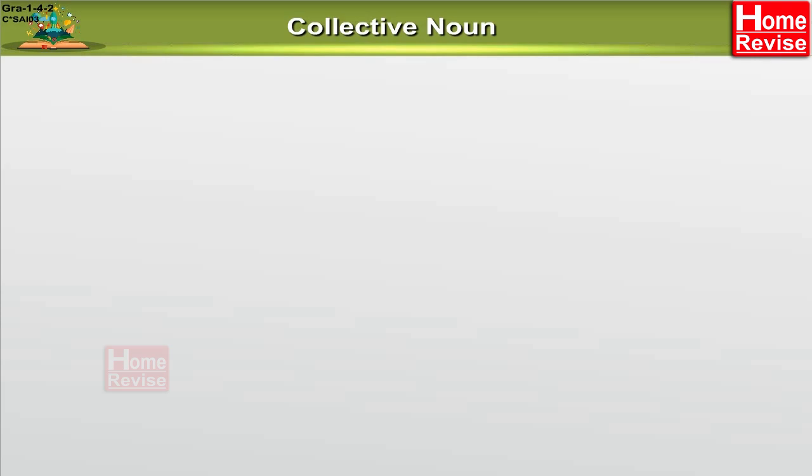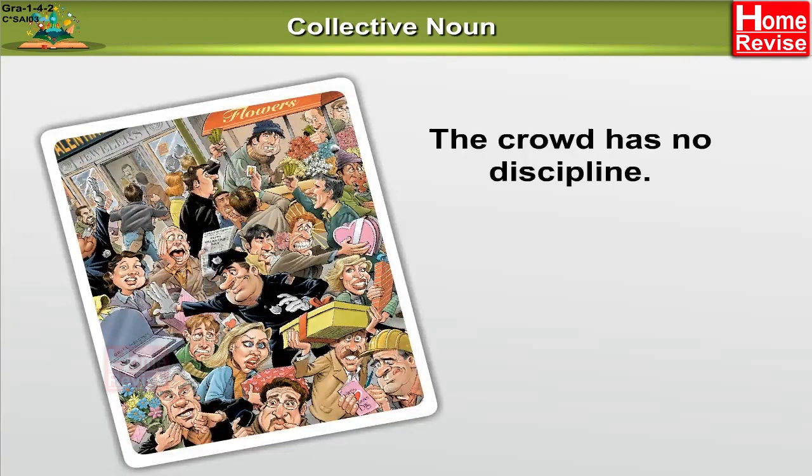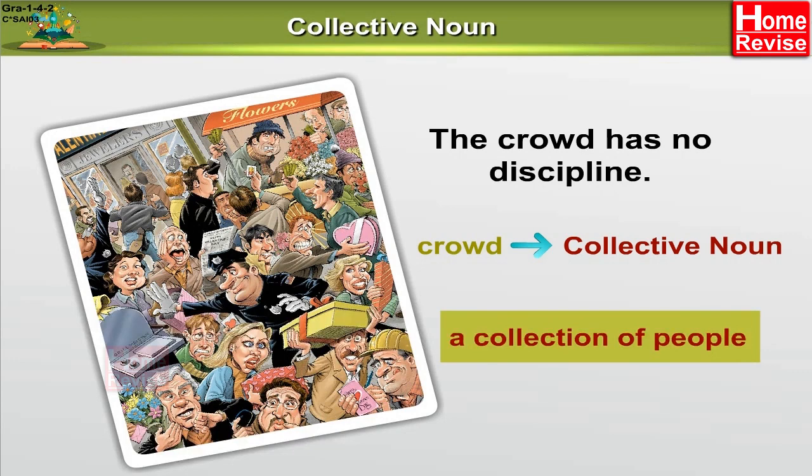Collective noun. To learn about collective noun, first shall we learn these examples? What do you say? All right. The crowd has no discipline. In this sentence, crowd is a collective noun because it states a collection of people, right?